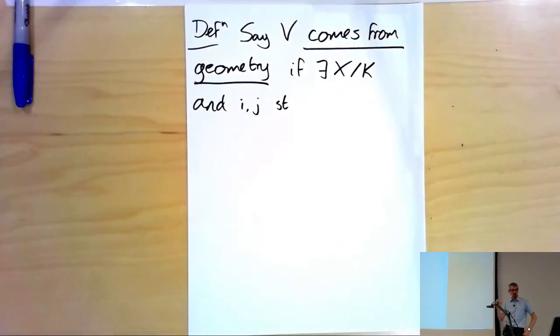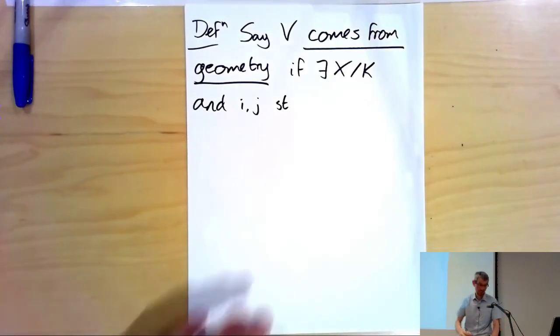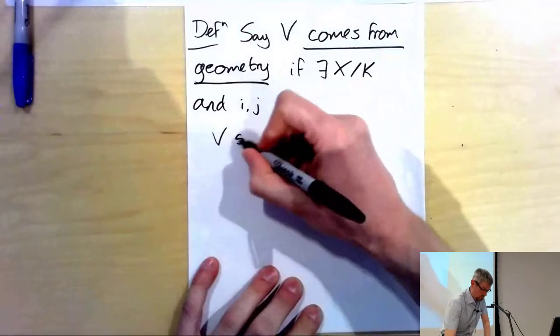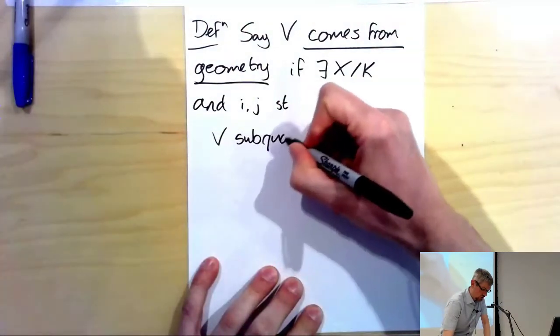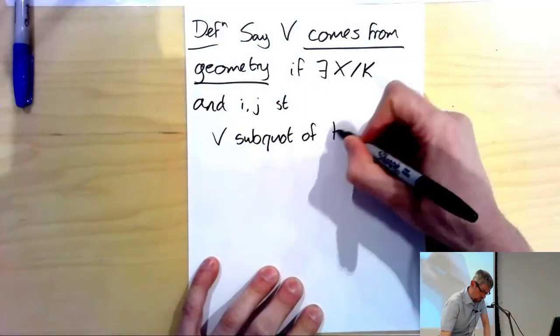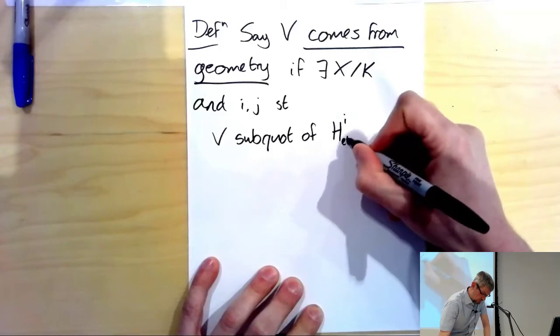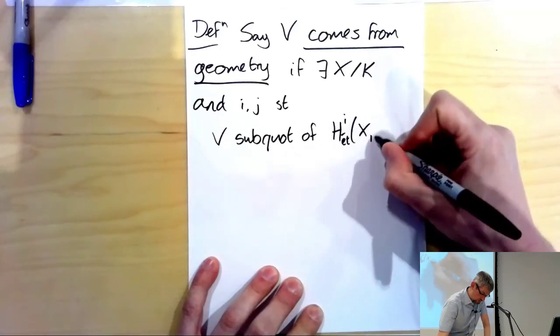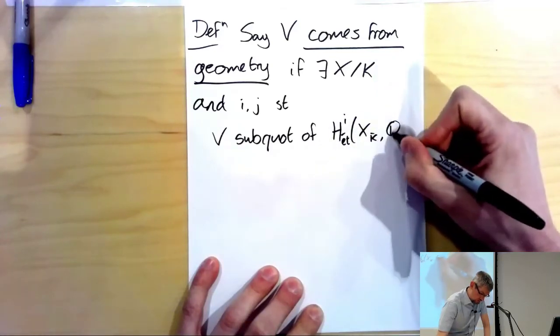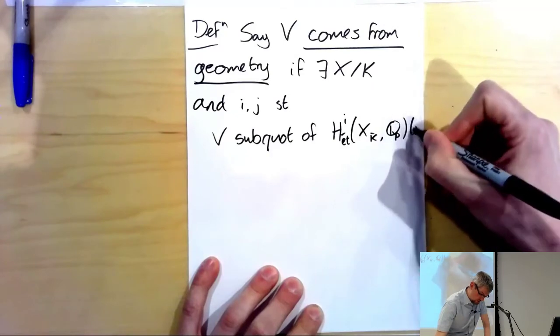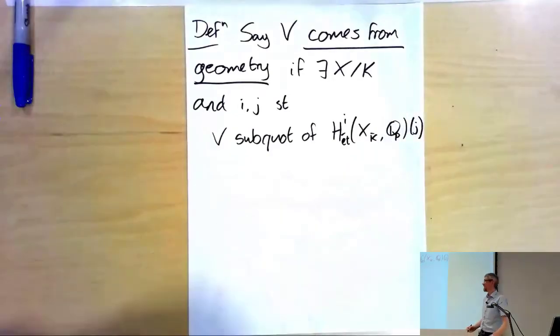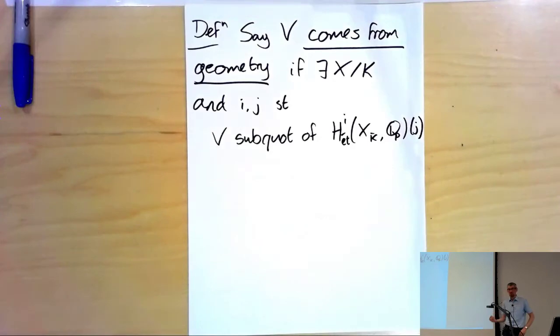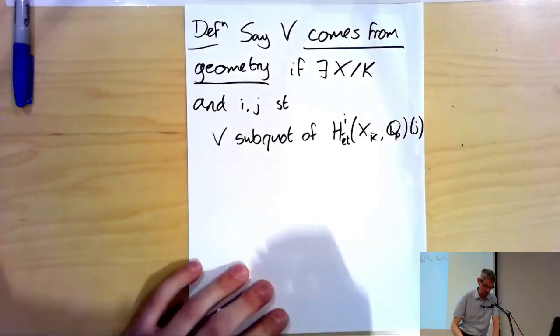I want to allow twists by powers of the cyclotomic character. And the notation brackets j means twist by the jth power of the cyclotomic character.